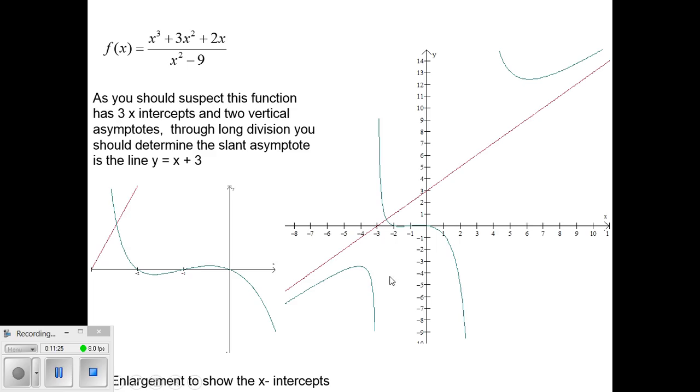You can never cross the vertical asymptote because clearly x can never equal 3 or -3. We've said that from the very beginning of the course, because 3 and -3 cause 0 in the denominator and invoke a restriction on the domain. But crossing horizontal asymptotes and crossing slant asymptotes is entirely possible.